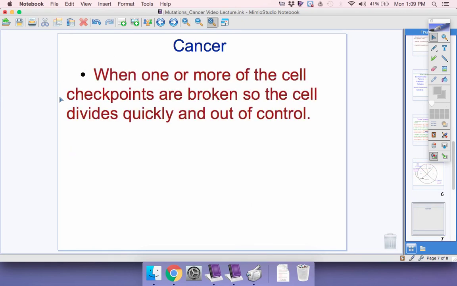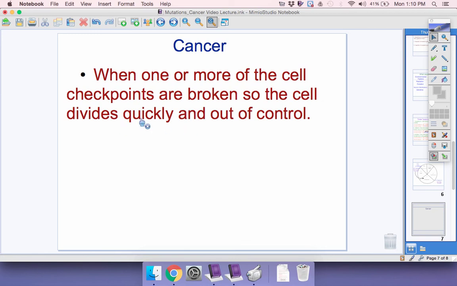Now, when these don't work, we get cancer. So cancer is when one or more of the checkpoints are broken, so the cell divides quickly and out of control. When you get cancer, you often get a tumor. It's one of the first signs that you have cancer. And what's happening is that the cell is dividing really quickly, and as a result, you get this big lump of cells that don't have any function.